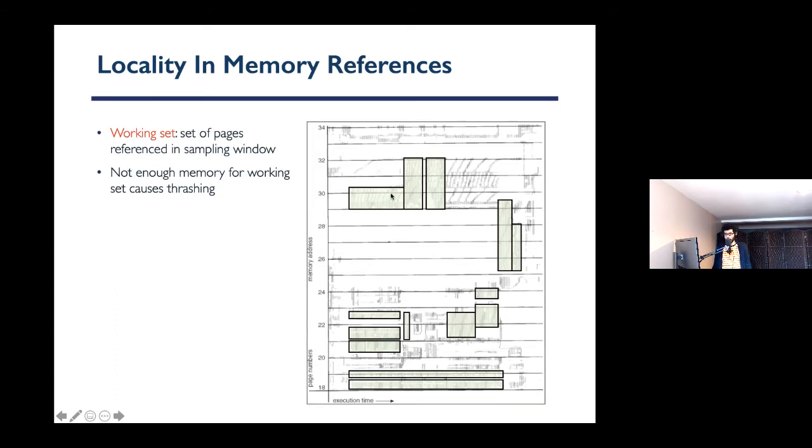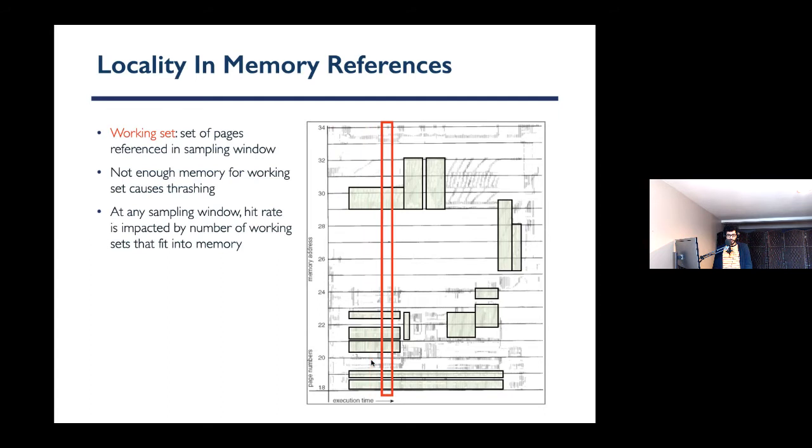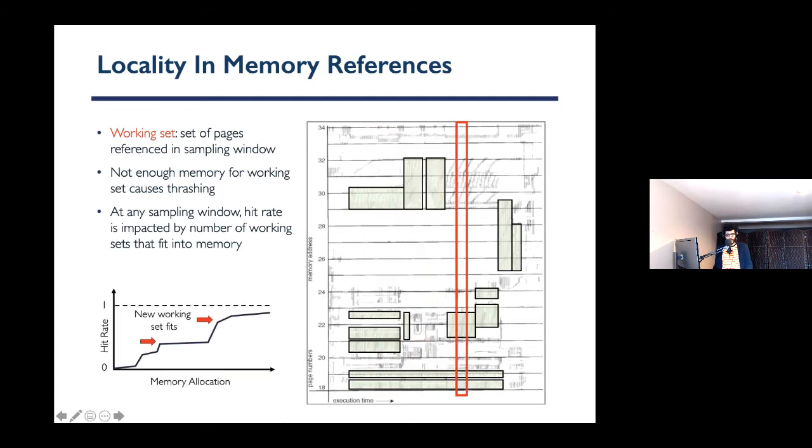If you don't give me enough memory, so if I have less memory than I need to save these pages, then I will be starting to do that thrashing stuff. So I will incur a lot of page faults. Now, if I look at hit rate on the y-axis and memory allocation on the x-axis for any given time, as I increase the memory allocation, I see these hit rate jumps, right?